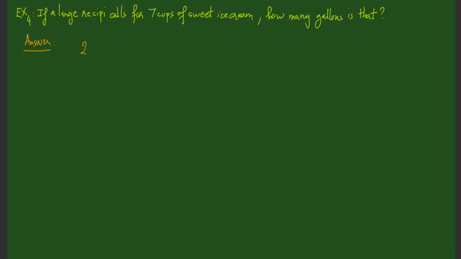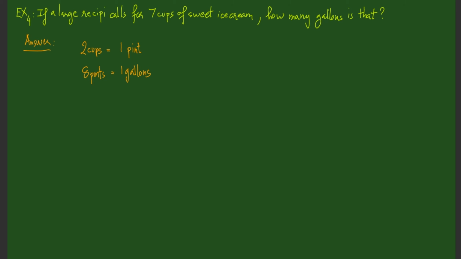We know that 2 cups is equal to 1 pint, and 8 pints is a gallon. So that's the relationship. We need to go from cups to pints and from pints to gallons.